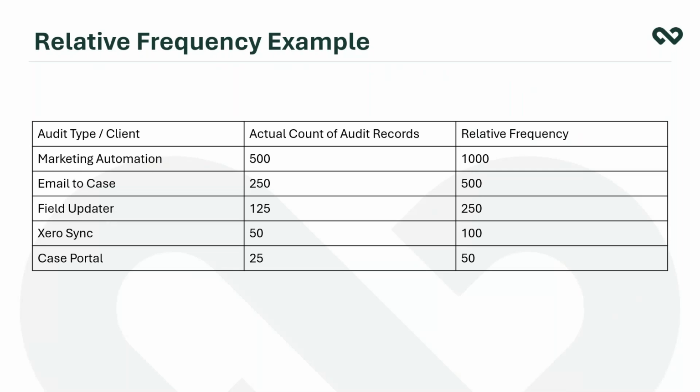You can see that our marketing automation tool has created 500 audit records, but because that has the most amount of audit records out of everything, it has the relative frequency of 1,000. Then email to case has 250. So relative to the amount of marketing automation audit records, that's half, so it displays as 500, and so on with the others.